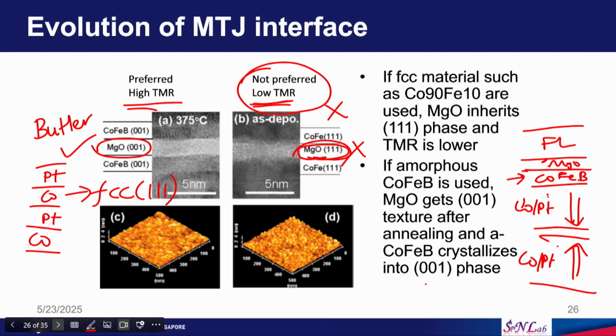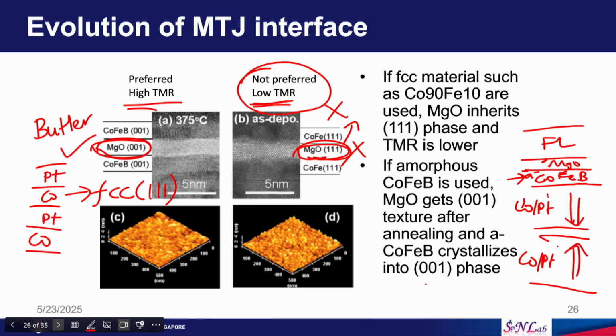So, to break that we insert an amorphous cobalt iron boron. So, now this is amorphous. So, on top of amorphous cobalt iron boron, magnesium oxide will grow with 001 texture. Okay. So, the TMR will not be affected because of this layer. So, when you grow materials, you have to think about what kind of crystal structures you are growing, whether this crystal structure will affect positively or negatively, you have to consider all these aspects.